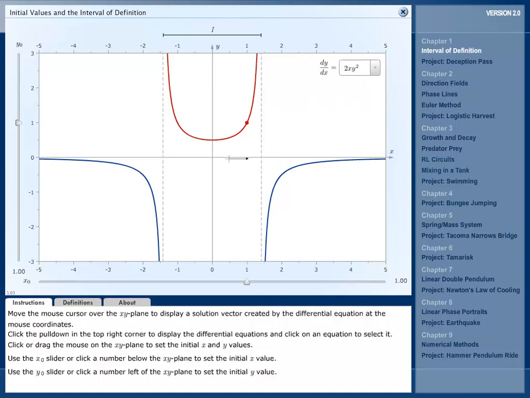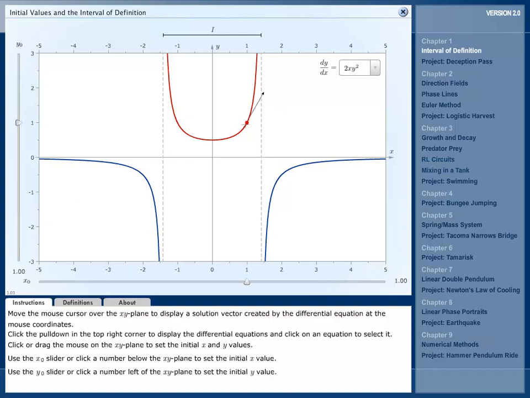What you see on the screen right now is the solution to an initial value problem. You have the differential equation right here. The dy dx is 2xy squared. So this curve that you see on the screen is a function that is a solution to that differential equation. Now if I then impose a specific initial value, namely that y at 1 is 1, that's this point 1 comma 1, this is the unique solution to this differential equation.